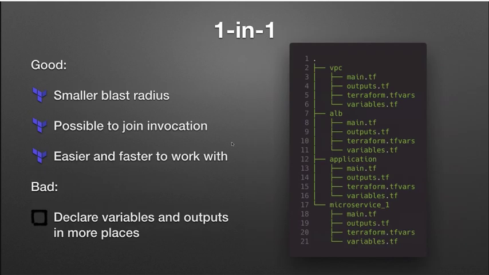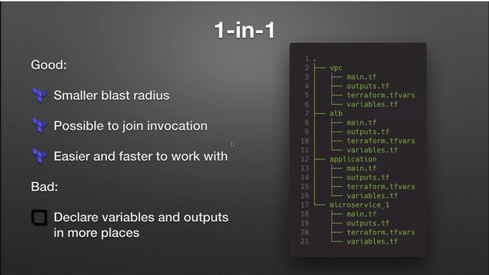Another pattern, which is on the other side of it, is one-in-one, where you have a very small or smaller blast radius, and you have to have a possibility to connect invocations. Let's say now I work in VPC, then I work in the application load balancer, and then I work in the application.